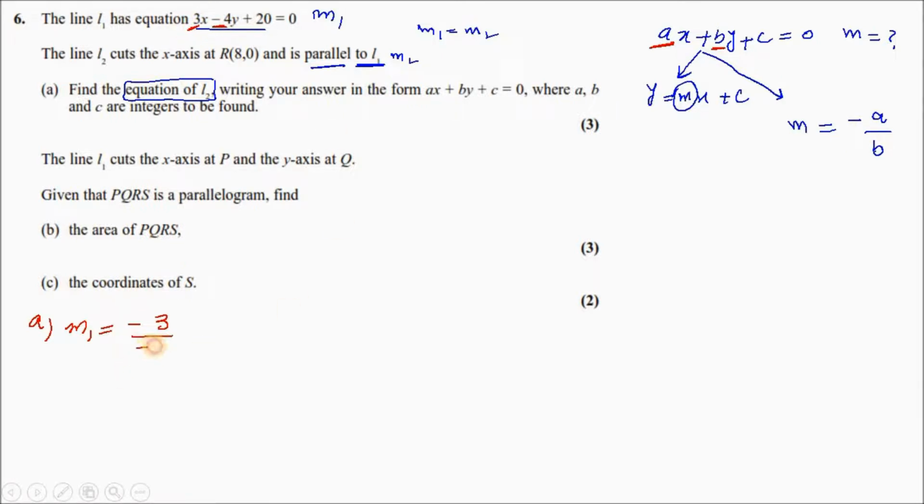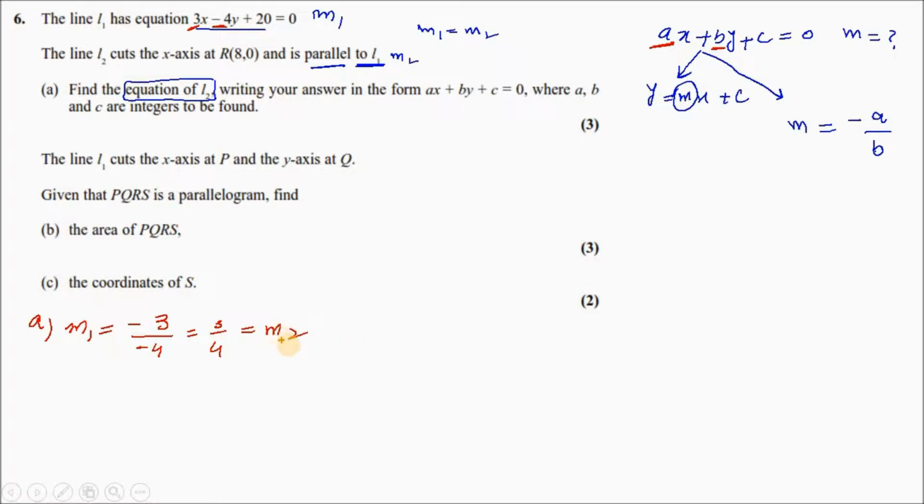So this is minus 3 over minus 4, and the minus signs cancel. So m1 is equal to 3 by 4. This is the gradient of your line, 3 by 4. Now clearly, this is also equal to m2.